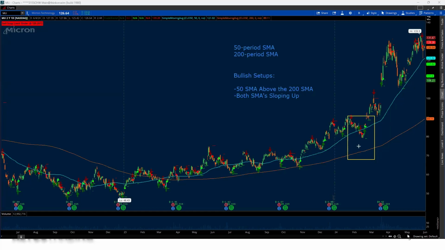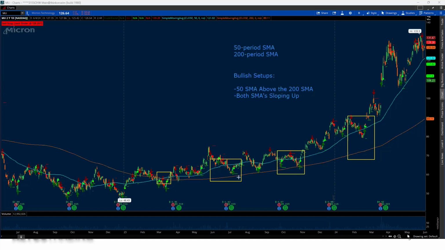Generally, if there's ever any confusion around that, for instance here, the 200 is sloping up, but the 50 is a little flatter. Look for them to be at least moving parallel to each other or diverging like they are here. The cross was back here, but as Micron trended up, the 50 period began to diverge from the 200.